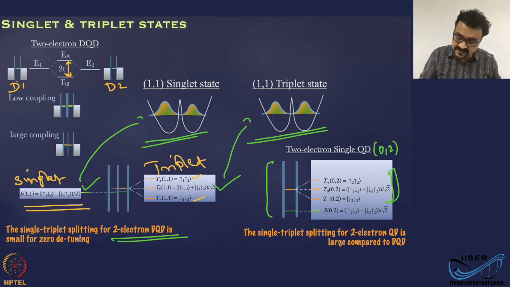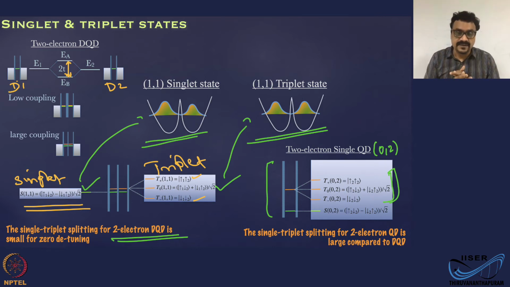The singlet triplet spacing is really large for a single dot, because the triplet state is in the higher orbital state, delta E, the energy splitting. In the case of a double dot, it's not a higher orbital state, it's the same orbital state. The only splitting that you're going to get is the splitting due to tunnel coupling.